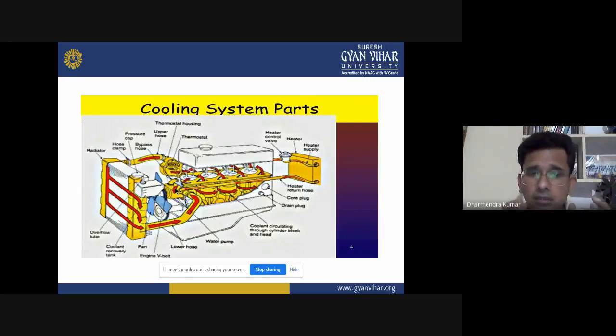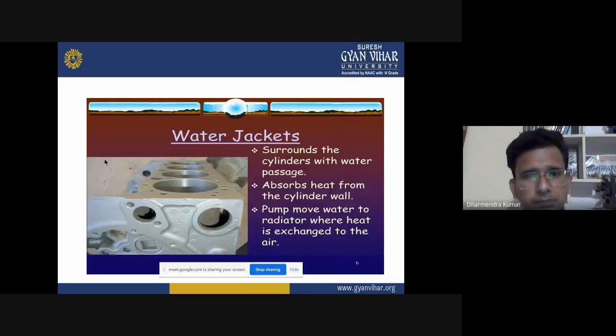This shaft is connected to the crankshaft, and the water pump is associated with the crankshaft and runs according to it. And the thermostat housing. These are the various auxiliary components we use in the water cooling system.